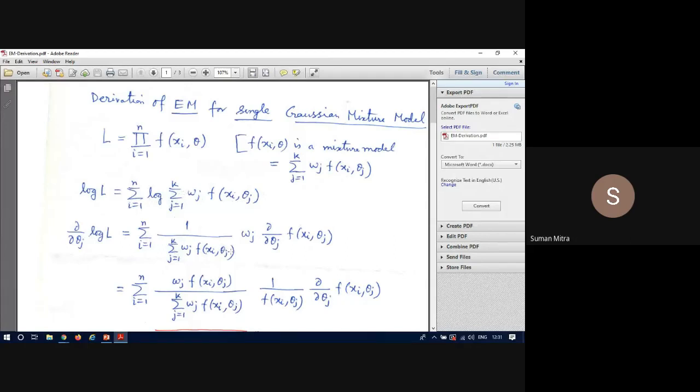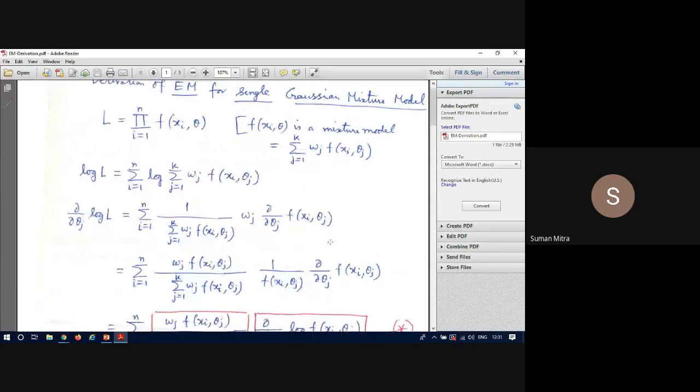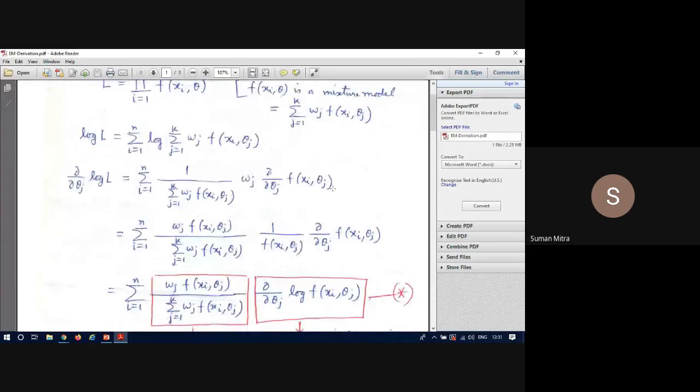So I write down this one. And now go inside this. wj is a constant. Del theta j of f(xi, theta j). Got it? Up to this, it is okay? Fine. Now what we do is we take the sum as it is, with wj we take over here.